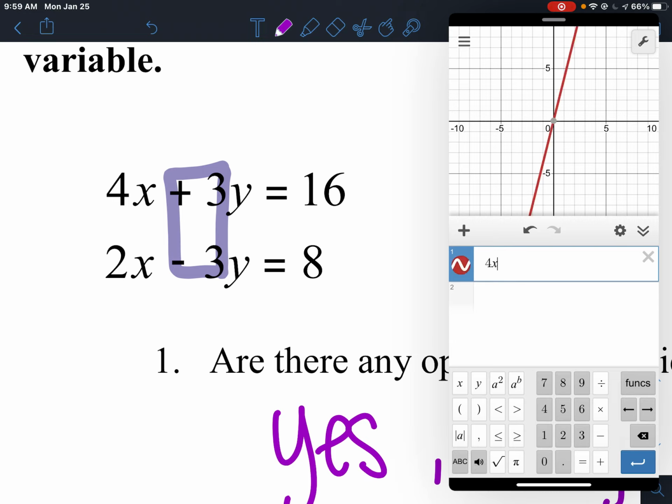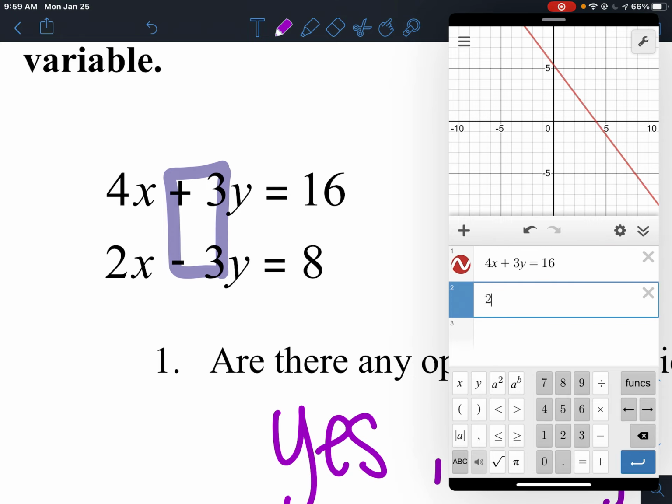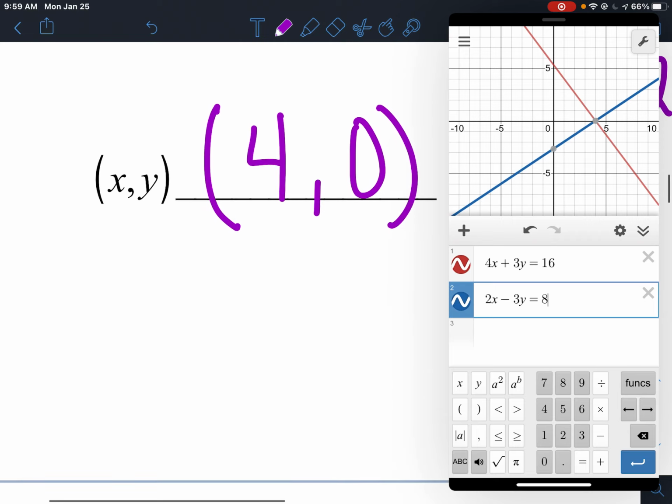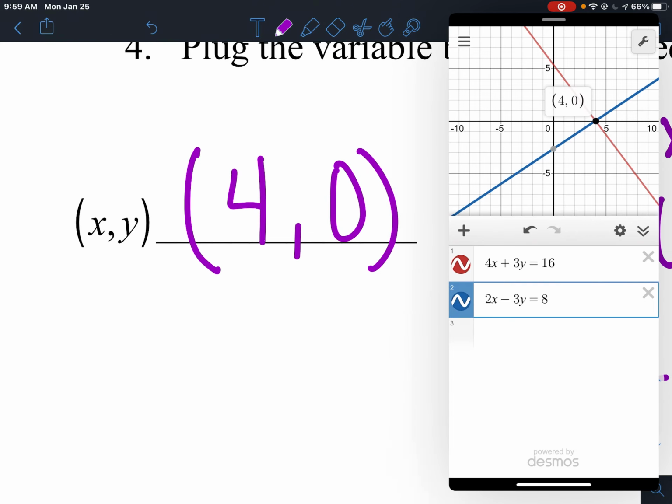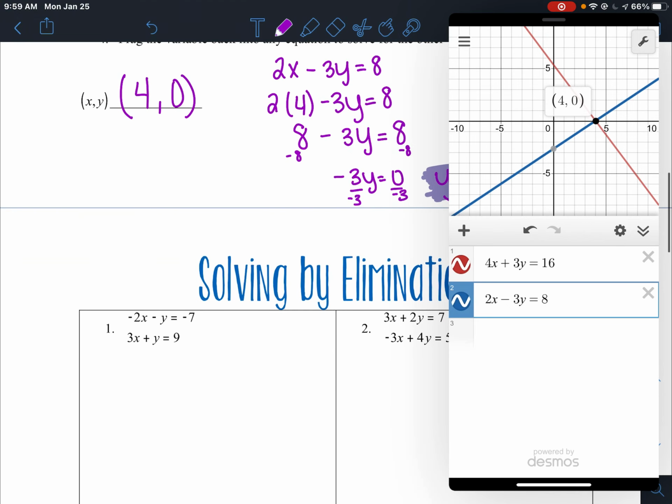So 4x plus 3y equals 16. So there's my first line. And 2x minus 3y equals 8. Okay, hopefully my intersection point or my solution is 4, 0, and it is, so perfect.